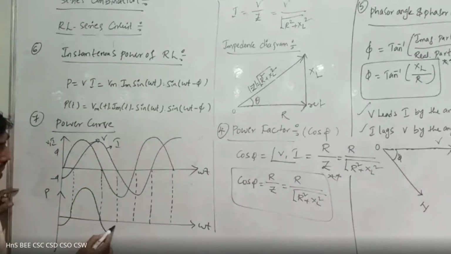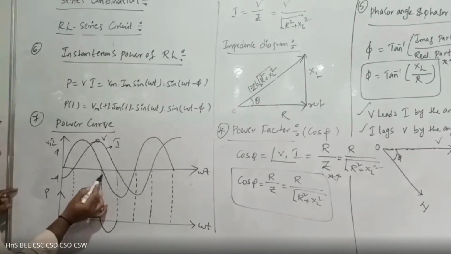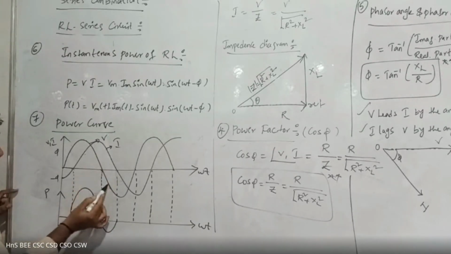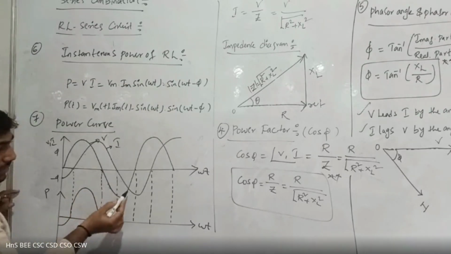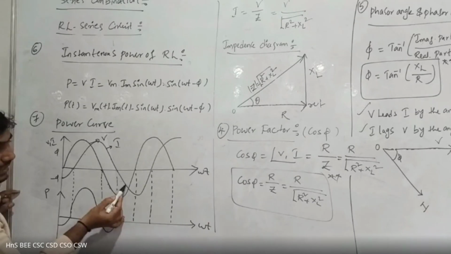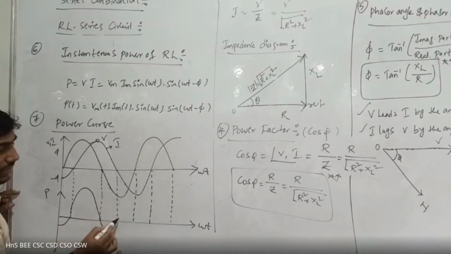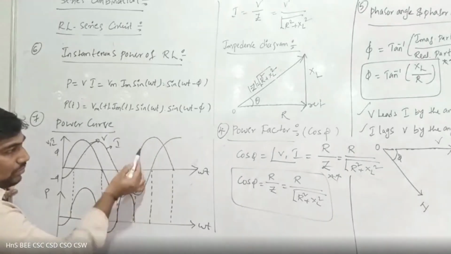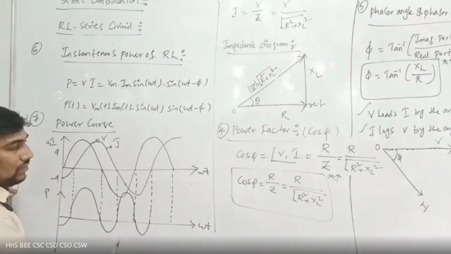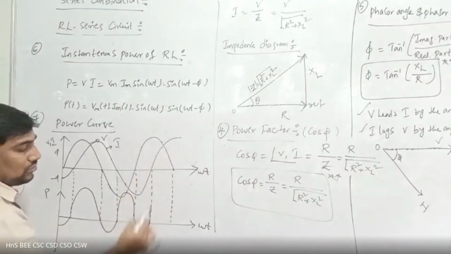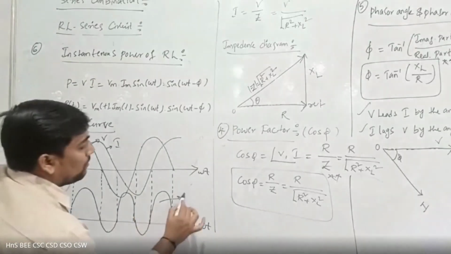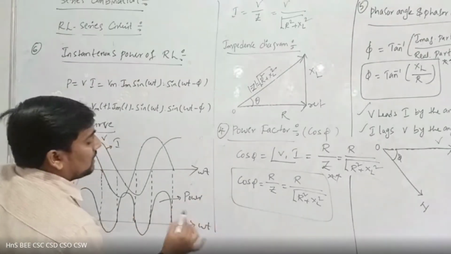The voltage is negative and the current is positive: positive into negative is negative. Next, in between these two lines, the current and voltage waveforms are both negative. Negative into negative is positive. Next, negative into positive is negative. Positive into positive is positive. This is the power curve equation of the RL circuit.